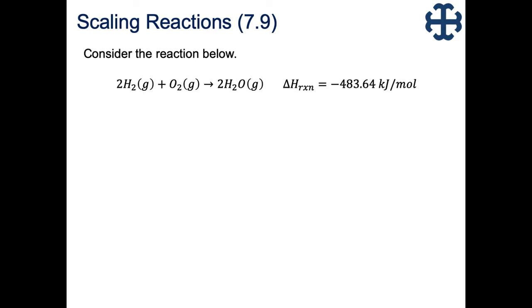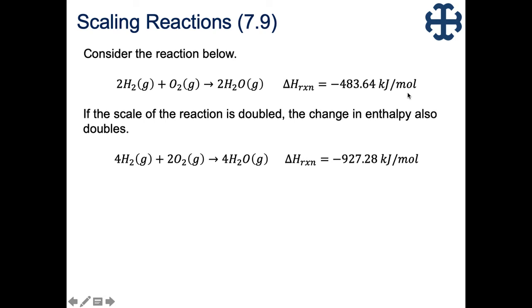Say we have this reaction where we have 2H2 plus O2 makes 2 molecules of water. And the delta H of our reaction for that, I would tell you, is that it is an exothermic reaction with an enthalpy of negative 483.64 kilojoules for every mole of the reaction that we perform.